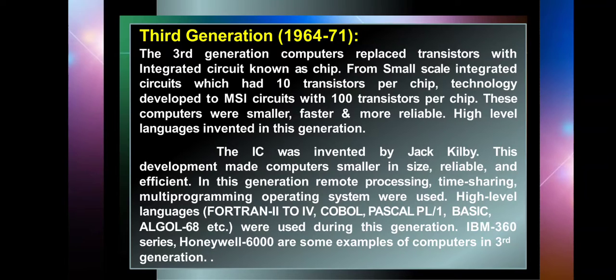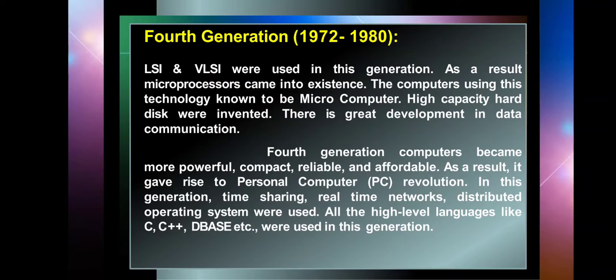The IC, integrated circuit, was invented by Jack Kilby, and high-level languages like Fortran II to IV, COBOL, and Pascal were used in these computers. An example is IBM 360.